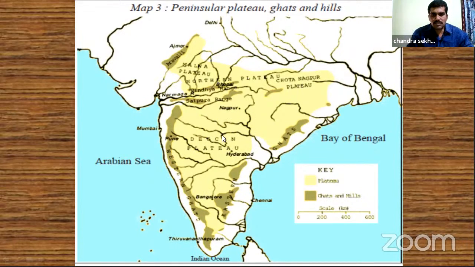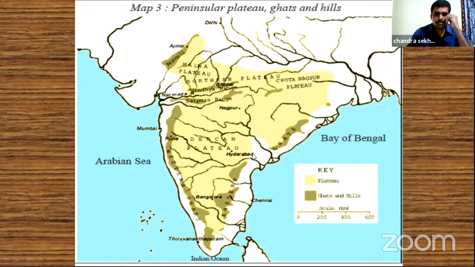If you observe the peninsular river systems, here is the Mahanadi, flowing towards Bay of Bengal, and Godavari, also flowing towards Bay of Bengal through the cuttings of Eastern Ghats. One of the major differences between the Western Ghats and the Eastern Ghats is that Western Ghats are continuous in nature, but the Eastern Ghats have cuts in between the hills.